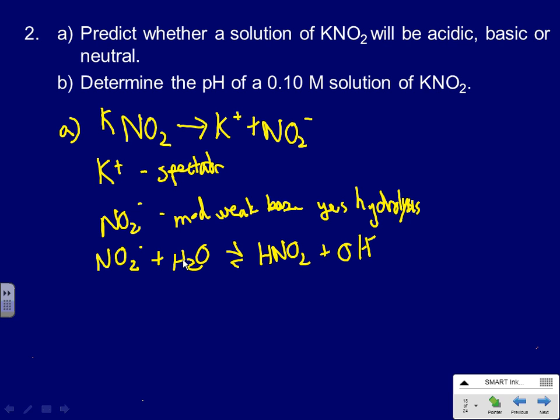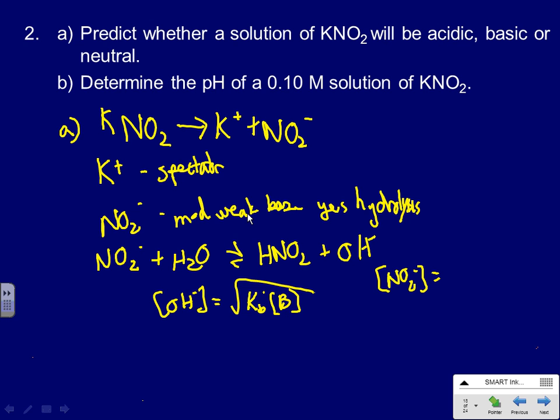Which means I'm going to use OH minus is equal to the square root of KB times the concentration of that base, because it's a base. I need the concentration of NO2 minus.